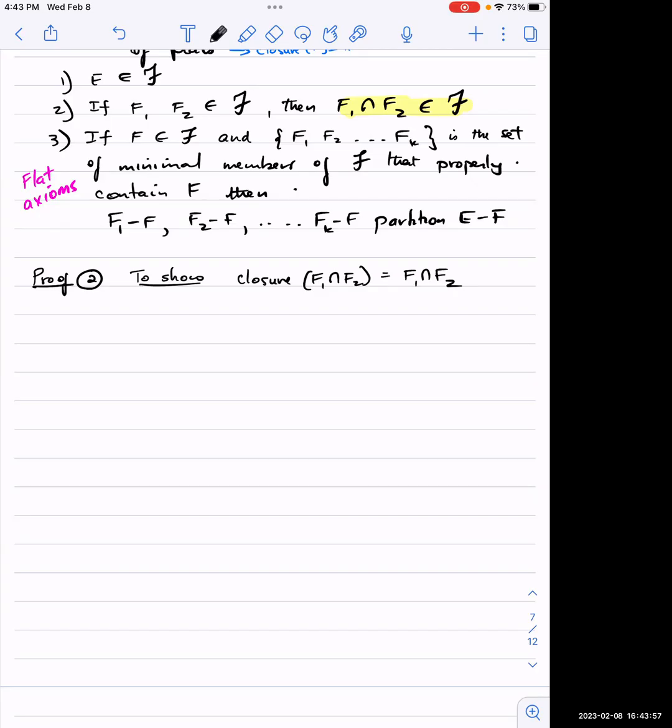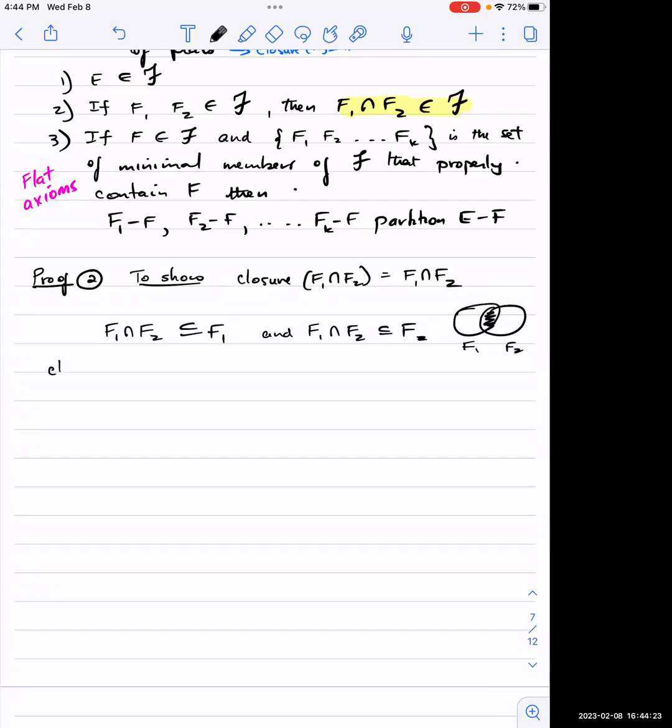So, all right, how does this work? Well, F1 intersection F2 is a subset of F1, right? And F1 intersection F2 is also a subset of F2, right? So that's F1 intersection F2 in the middle here.